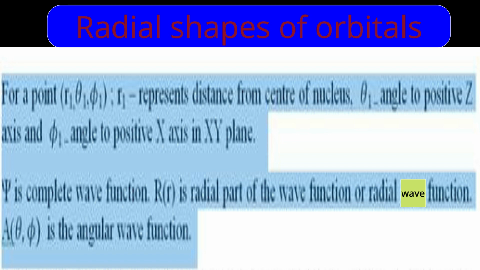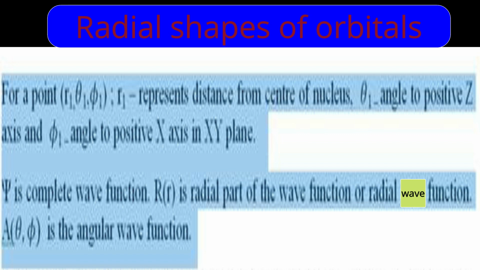Phi 1 is the angle to the positive x axis in the xy plane. That means we have to draw a shadow of the line joining the origin and that point on the xy plane, and then measure the angle with the positive direction of the x axis.